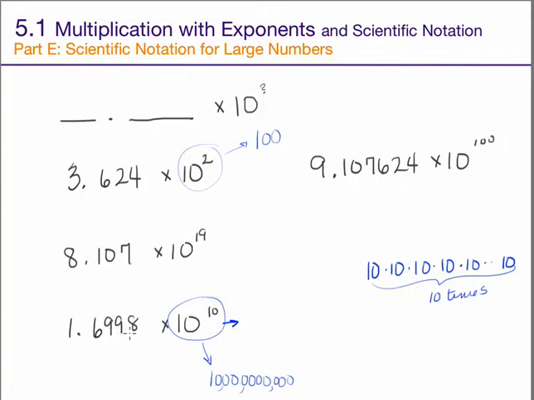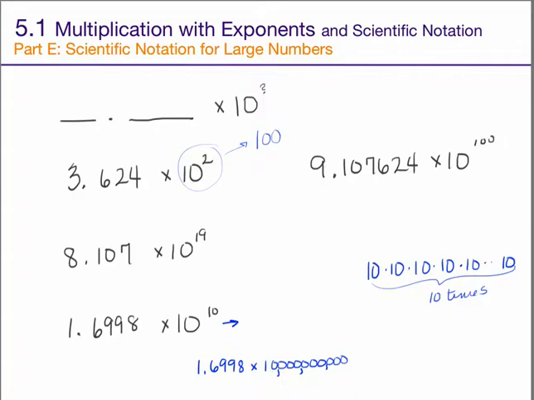So 1.6998 times 10 to the 10th is like saying 1.6998 times whatever that number is. Let's see, it looks like 10 billion.